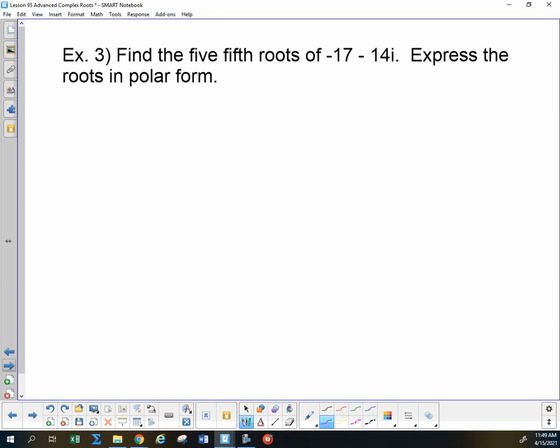So, five fifth roots of negative 17 minus 14i. I want you guys to get that into polar form for me. Draw your picture, figure out what that should be in polar form.